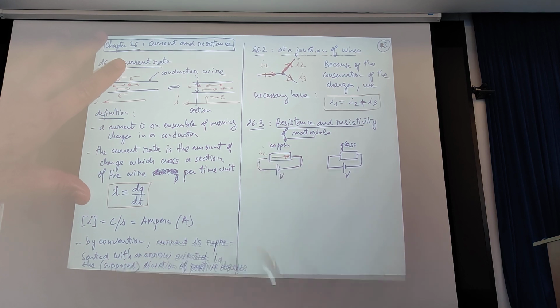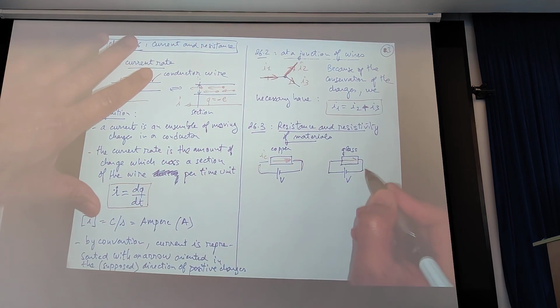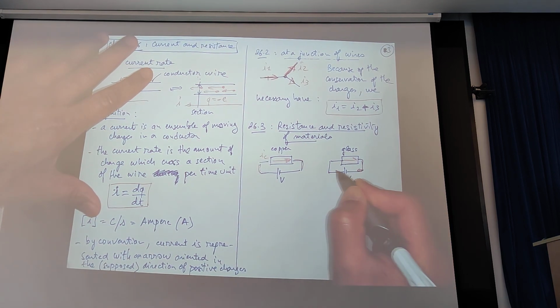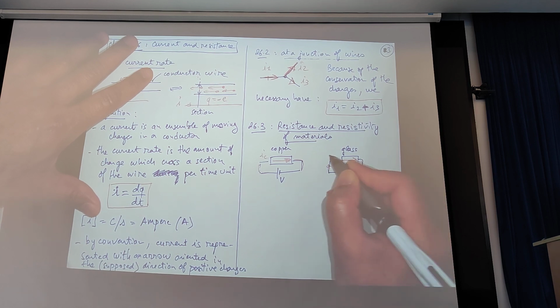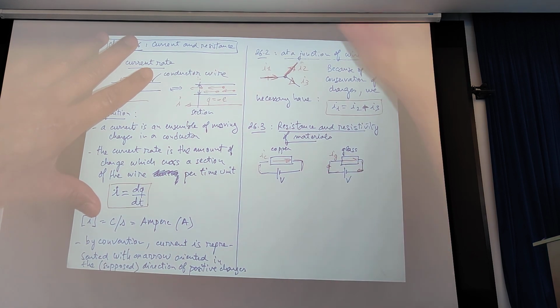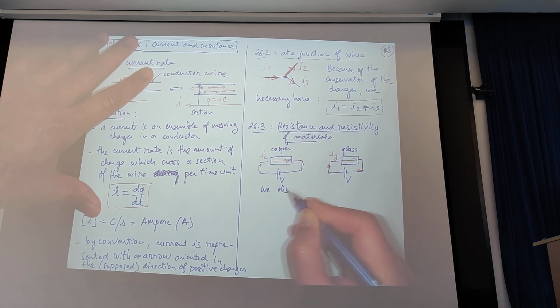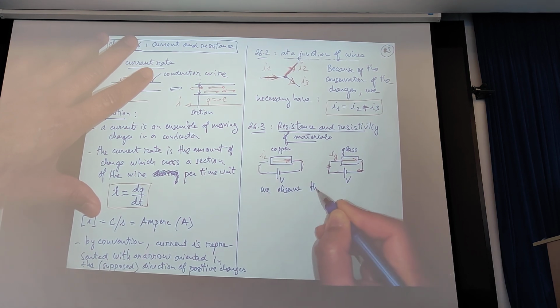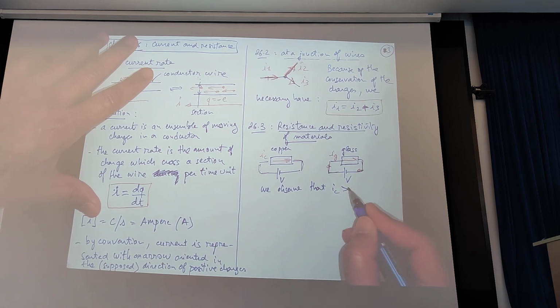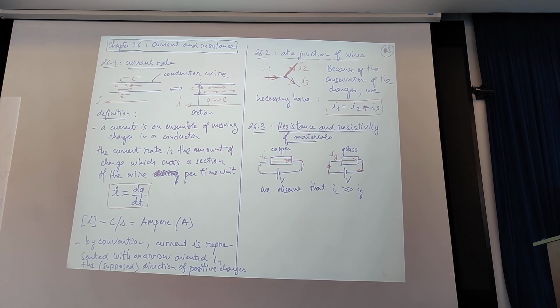We observe that the current in the copper is much higher than the current in the glass.